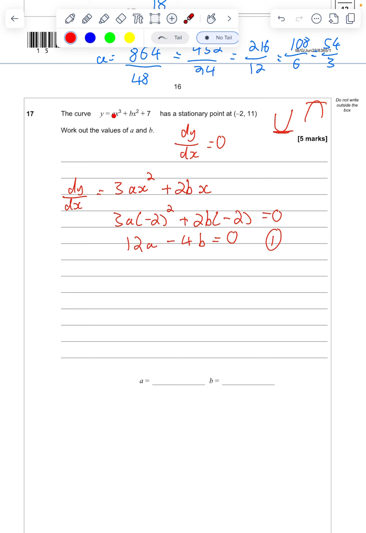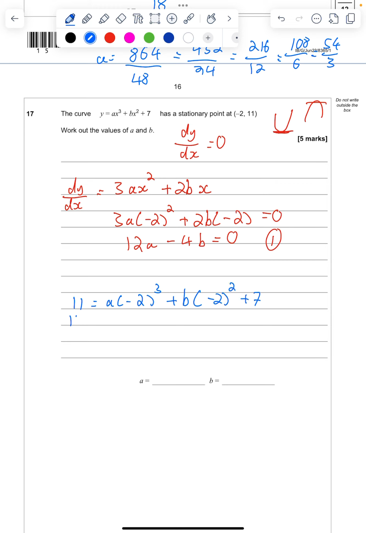It lies on the line, so I can put it into my equation to give me, let's do it in blue, y is equal to 11 is equal to a times -2 cubed plus b times -2 squared plus 7. So 11 is equal to negative 8a plus 4b plus 7.